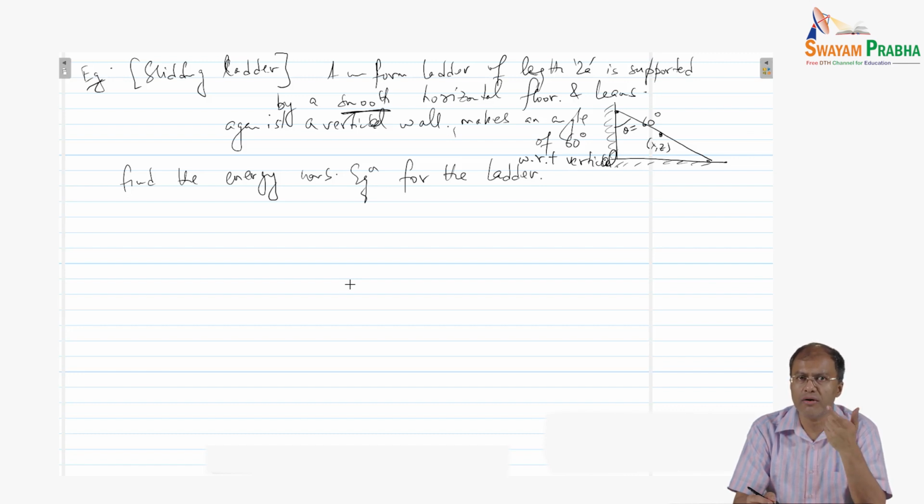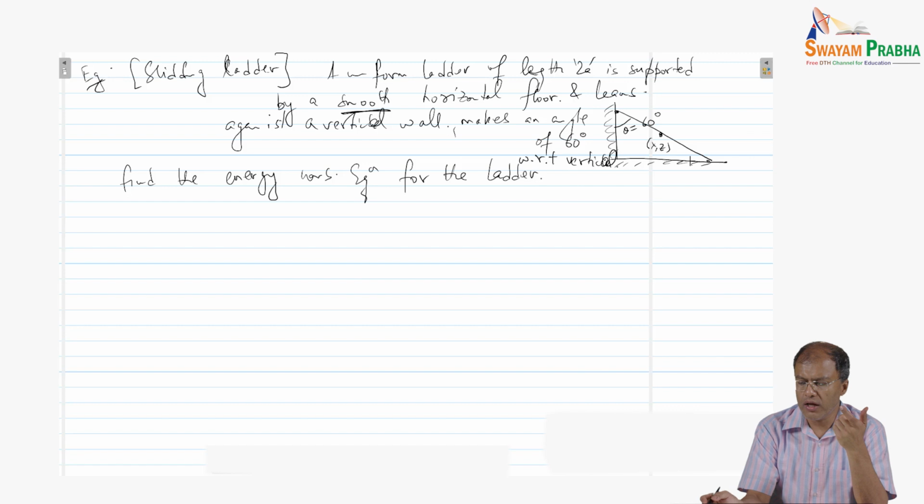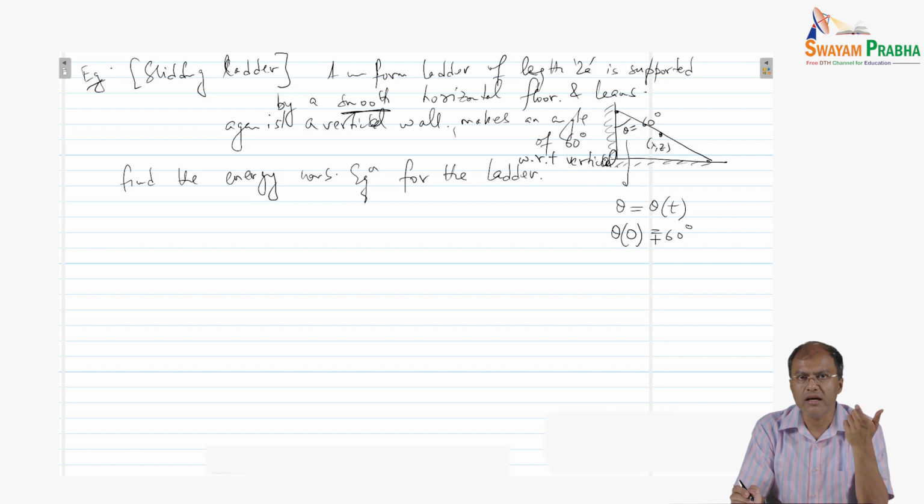The moment there is no roughness, the ladder is going to go down. It's going to slip along the floor, and the implication of this statement is we expect that theta is going to change. So theta will be theta of t, where theta at t equal to 0 is 60 degrees, right? That is the initial condition.